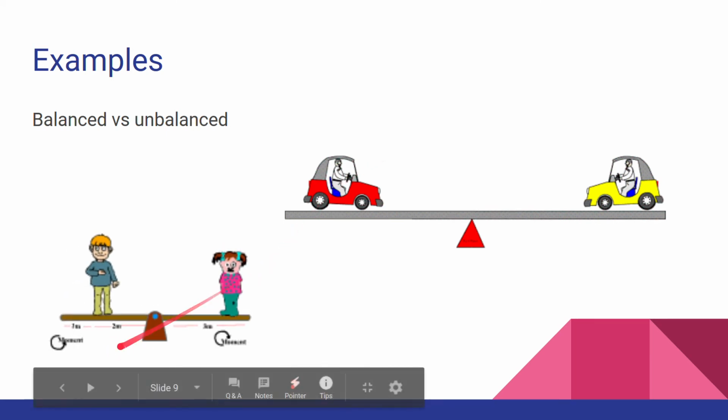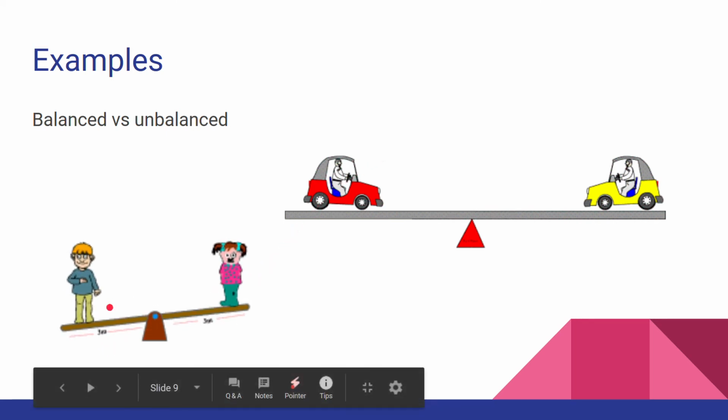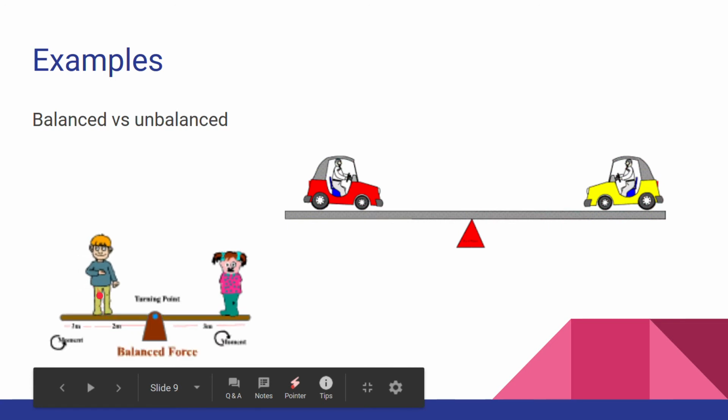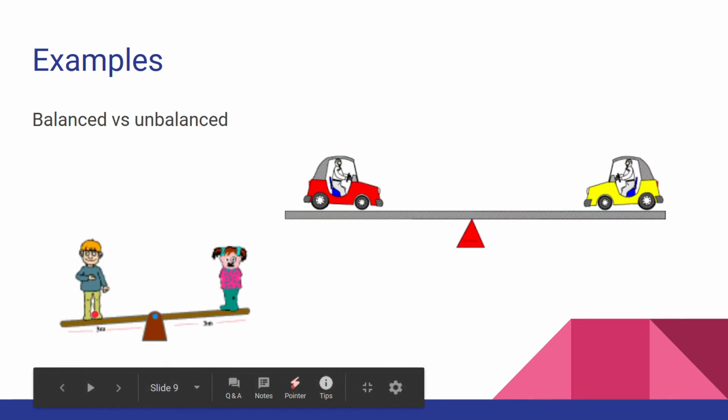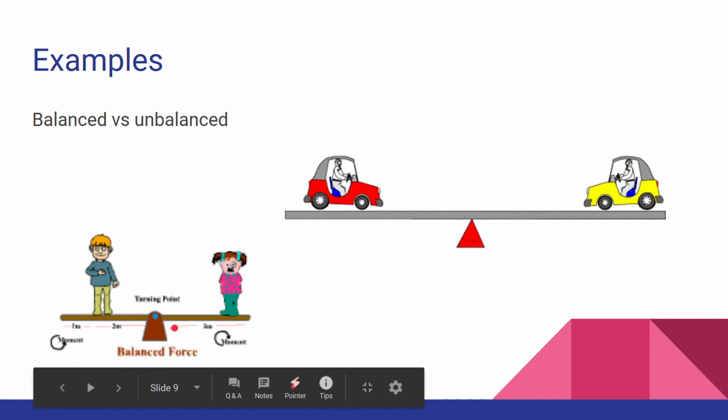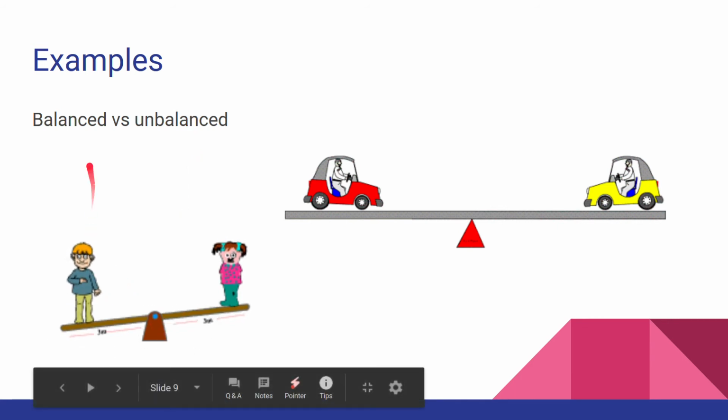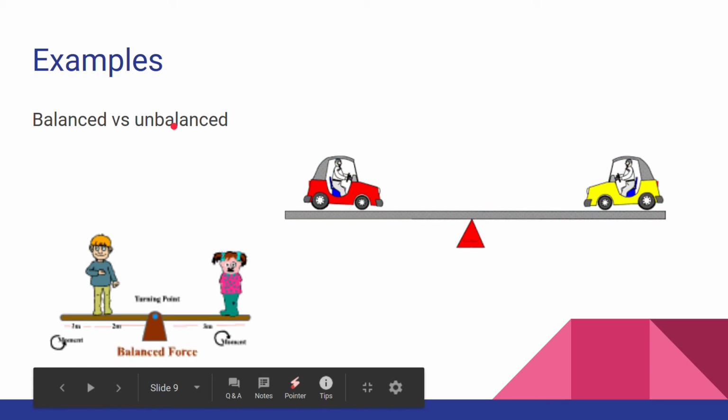But here they're not balanced. So there's a net force that causes an upward movement of the seesaw here until it becomes balanced to this guy's side. All right. So yeah, unbalanced. If a force is unbalanced, that means there's a net force.